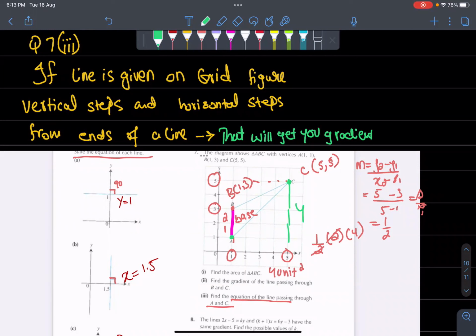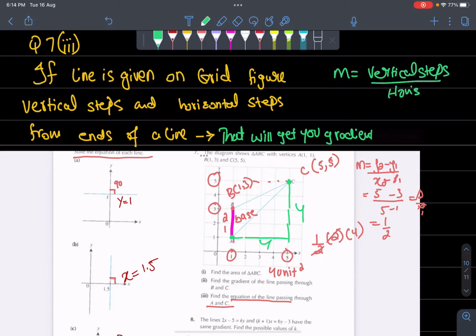And horizontal: 1, 2, 3, 4. 4 horizontal steps. The gradient will be vertical steps upon horizontal steps. 4 upon 4 equals 1.